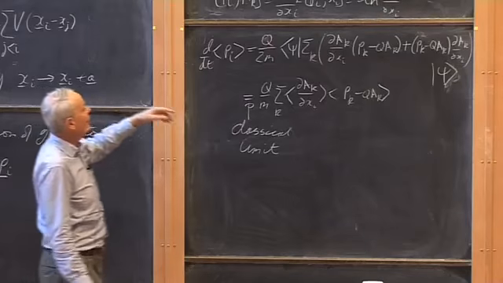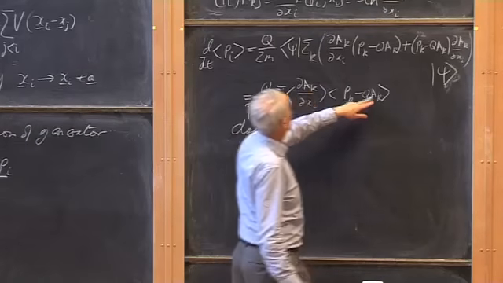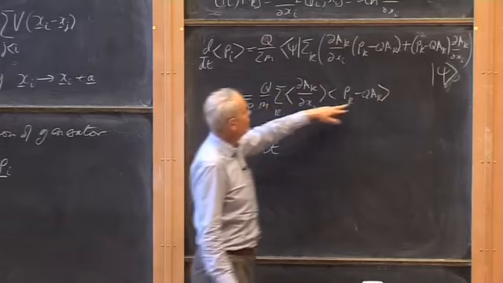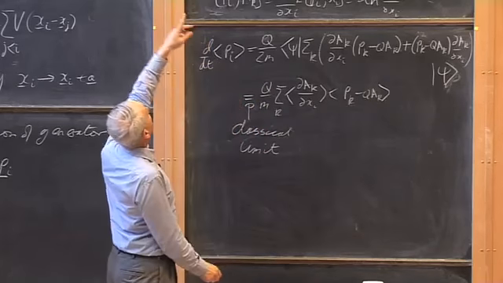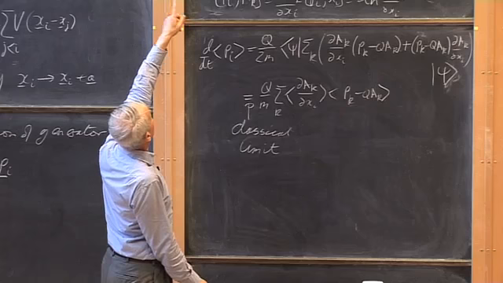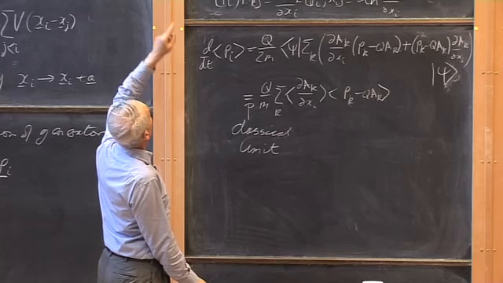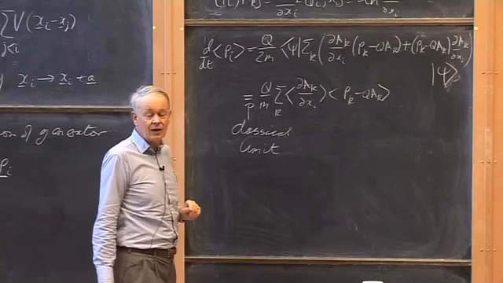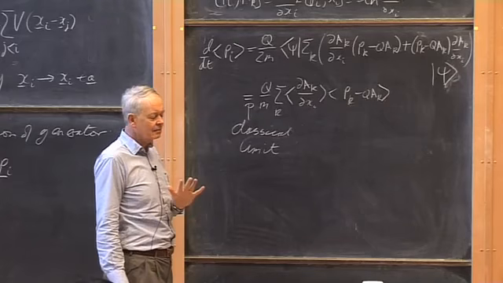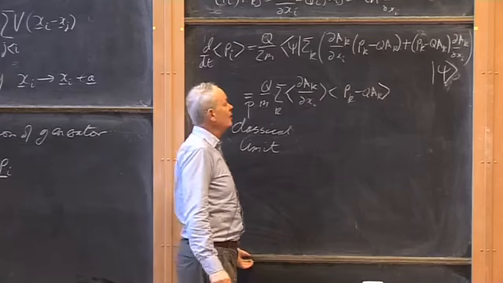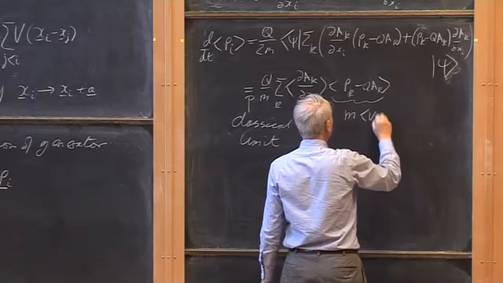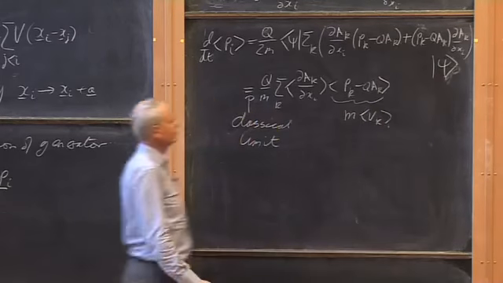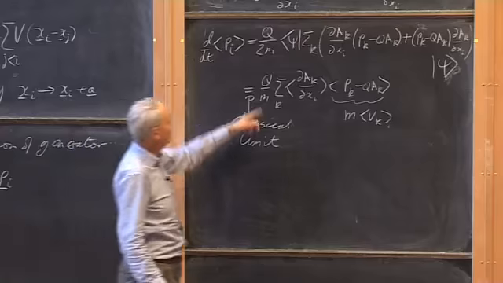Now we can simplify again, because this expectation value of p_k minus q A_k, remember we honestly showed above without any fudging, was equal to the mass times the expectation value of the velocity. So this thing here can be replaced by m v_k. And the m's cancel.